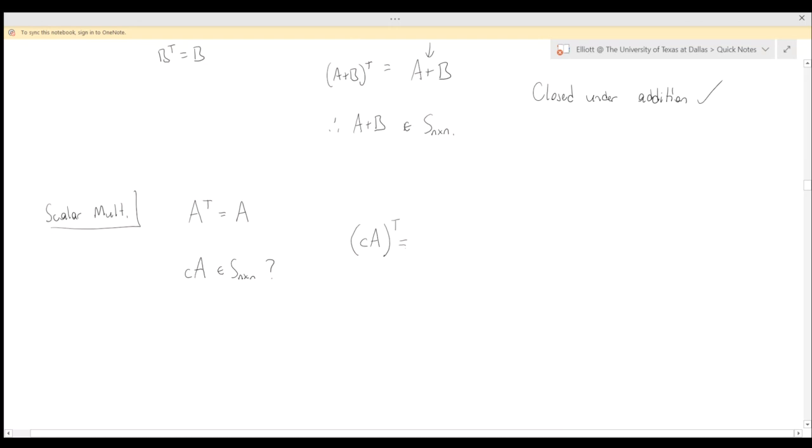Using a property of transpose, if you're multiplying by a scalar, you can just pull it out to the front. Then since we're assuming A is symmetric, that's just c times A. So we see that the transpose of cA is itself, meaning cA is a symmetric matrix if A is symmetric. Therefore, it's also closed under scalar multiplication.